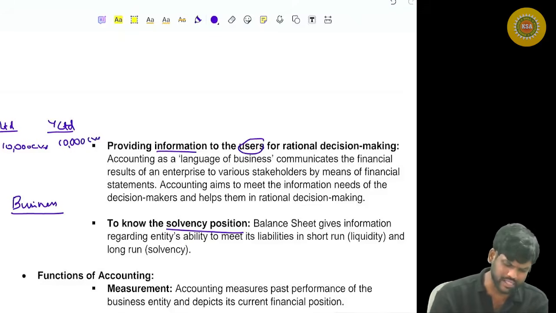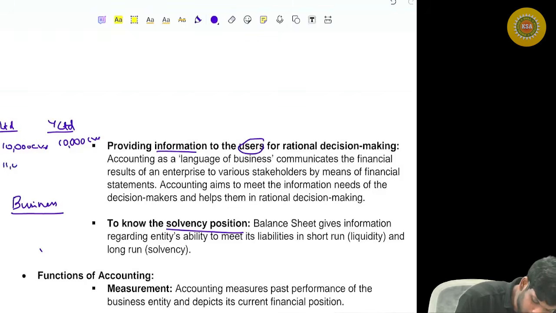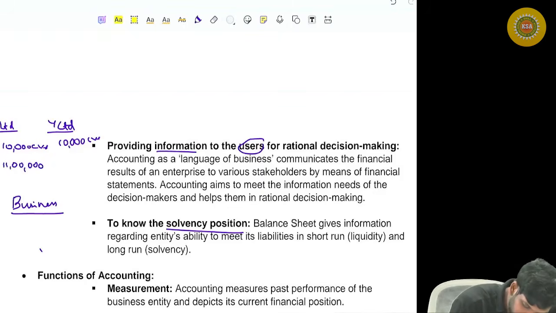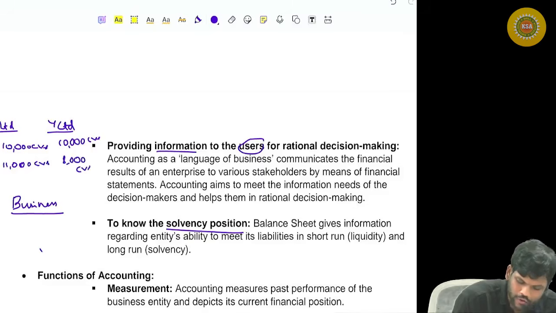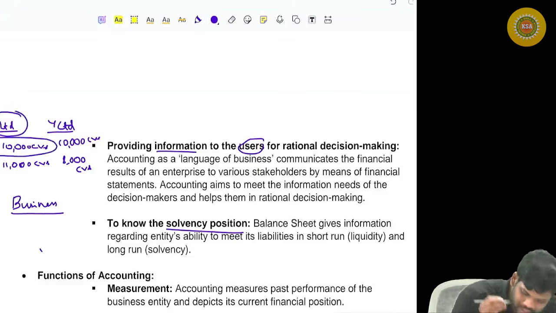But what is the difference is, X Limited has a liability of 11,000 crores, whereas Y Limited has liabilities of 8,000 crores. Now, if you see, in case of X Limited, they only have assets worth of 10,000 crores.